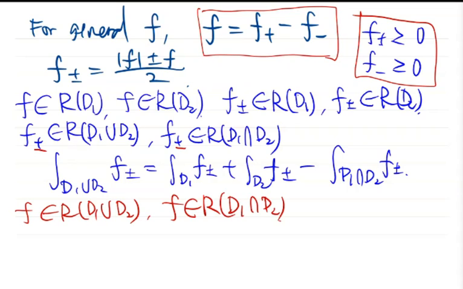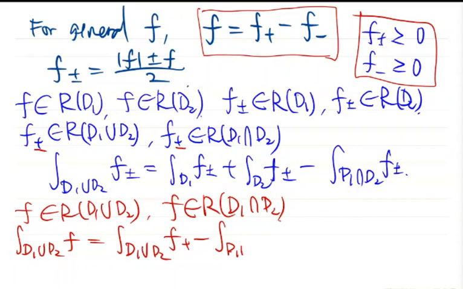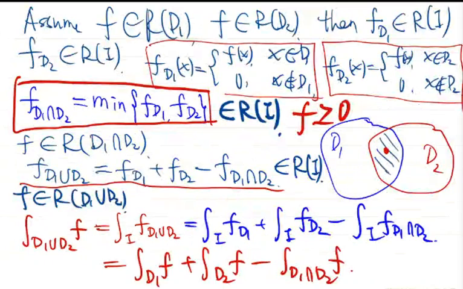And also the integral of f over D, where D is D1 union D2, can be written as the integral over D of f plus minus the integral over D of f minus. Then you use the result expressed in the last two lines of this page.